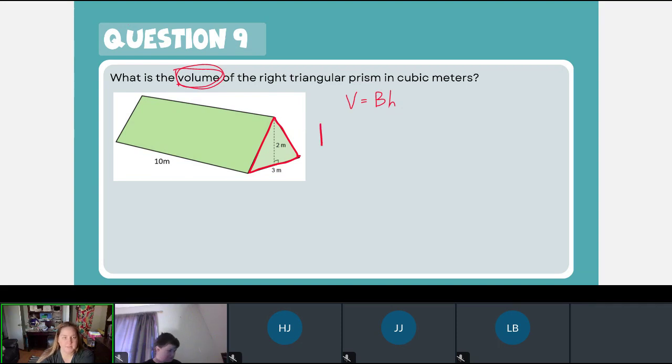So our base is equal to the area of the triangle, which is 1/2 base times height. So if we plug our numbers in, we would have 1/2. The base is 3 times the height, which is 2.